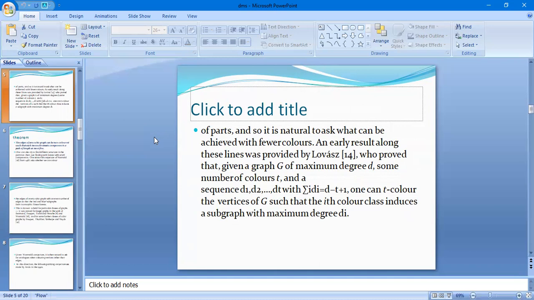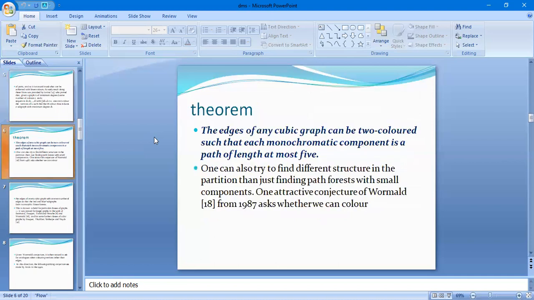An early result along this line was proved by Lovász, who proved that given a graph G of maximum degree d, some number of colors t, and a sequence d1, d2, up to dt with summation di equal to d minus t plus 1, one can color the vertices of G such that color class i induces a subgraph with maximum degree di.